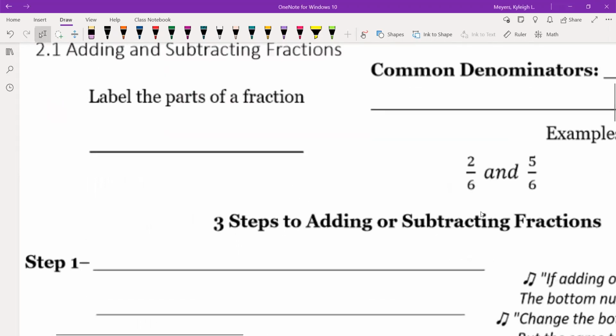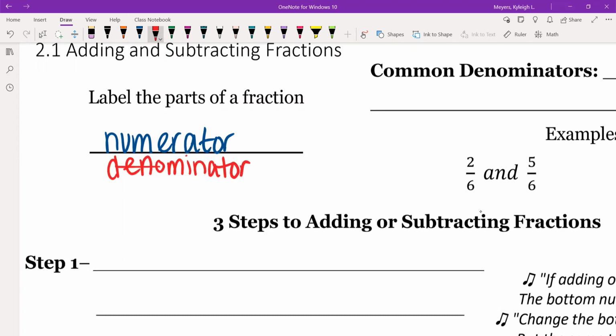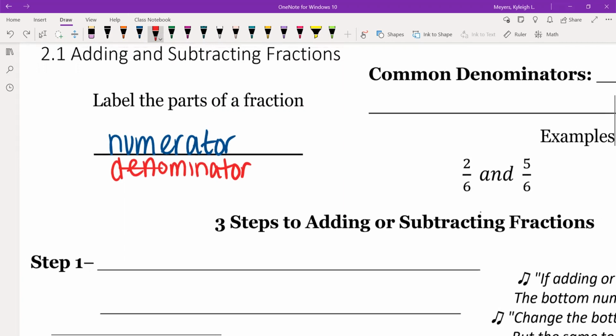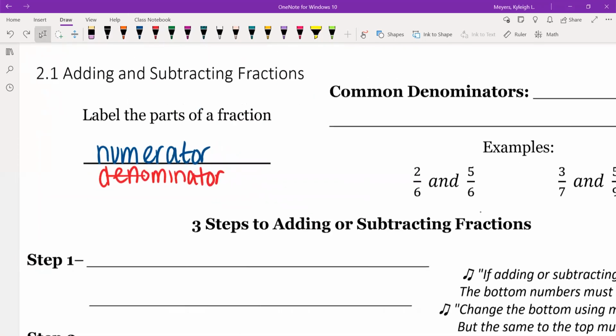Remember, the top part of a fraction is called a numerator, and the bottom is called a denominator. So the top is a numerator, the bottom is a denominator. The main thing we need when adding and subtracting fractions are common denominators.